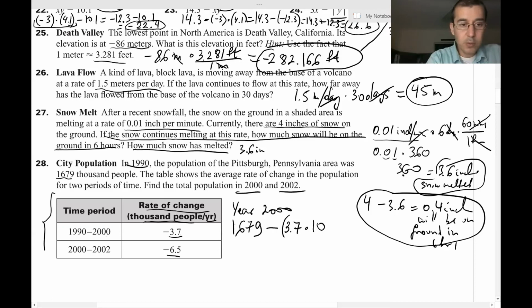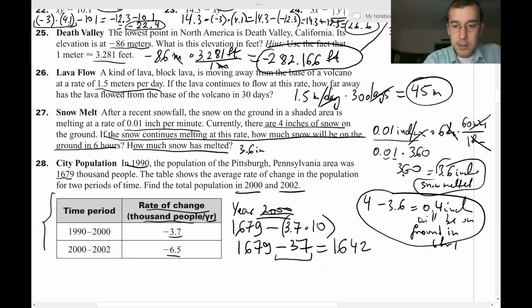From 1990 to 2000, that's 10 years. So that's 1679 minus 37, since 3.7 times 10 is 37. So we're subtracting 37 because each year of the 10 years, the population is decreasing by 3.7. So 1679 minus 37 is 1642, and this is again in thousands.